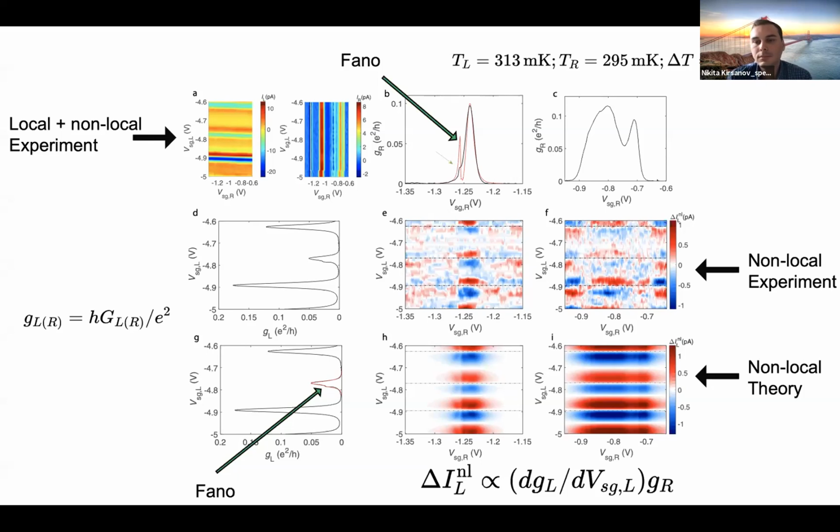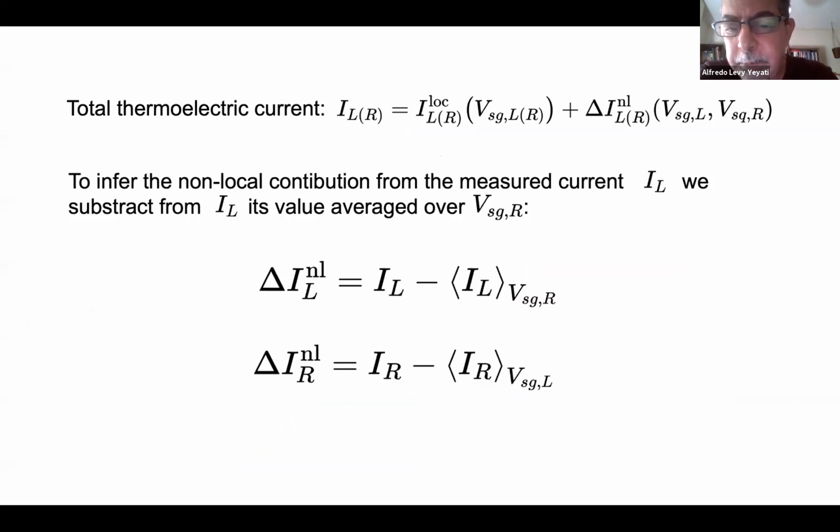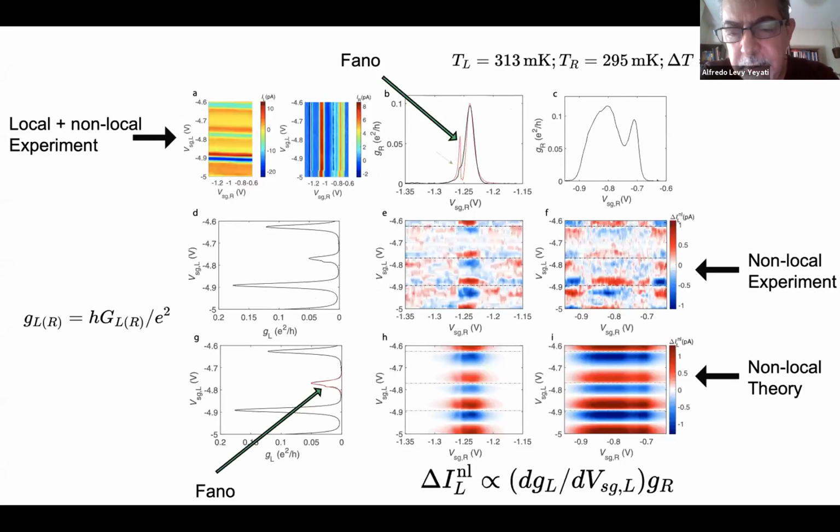Okay, thank you. Okay, Alfredo, you have a question? Yes, well, I think it's related because the extraction of the non-local signal is a difficult issue, no? You gave before this slide a definition which was the average of the decay voltage, and then you give this other one in which you take it as a differential conductance.